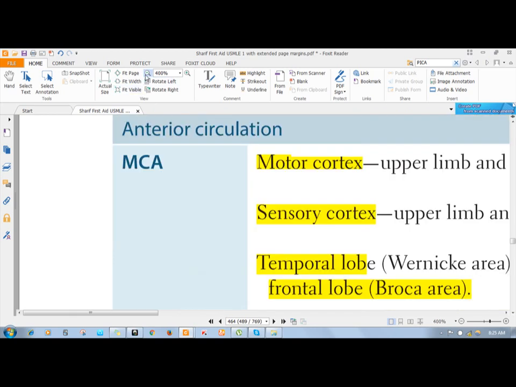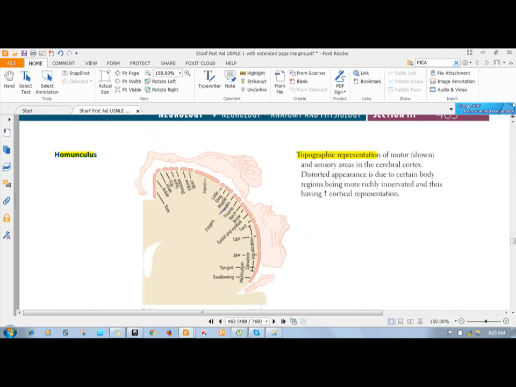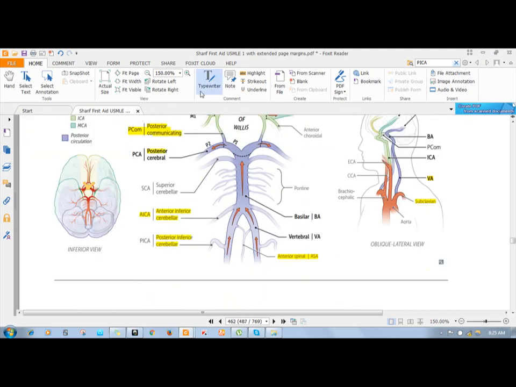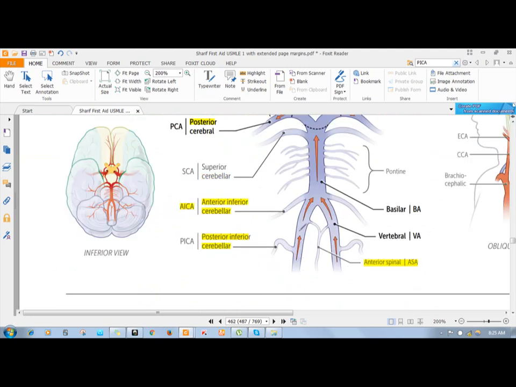So let's get back to the blood supply again, and then let's get an idea of those brainstem syndromes again. Just a fast review of what I have just said. You have your vertebral arteries running and forming the basilar artery. The basilar artery gives branches like the anterior inferior cerebellar artery, which supplies the cerebellum but also the lateral part of the pons.